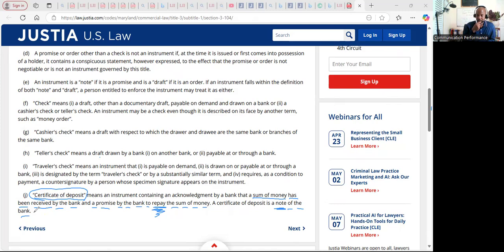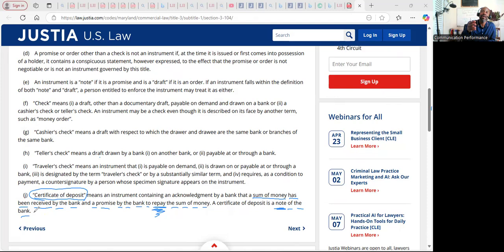So the bank gives you a certificate of deposit, a receipt, no different than when you purchase $500 worth of promissory notes, which we know as Federal Reserve notes, right?